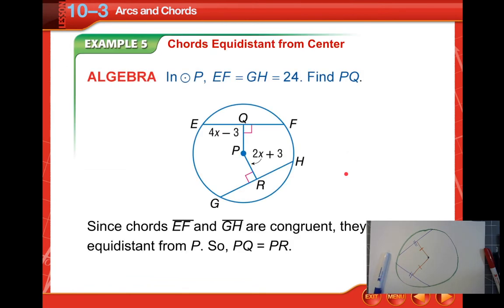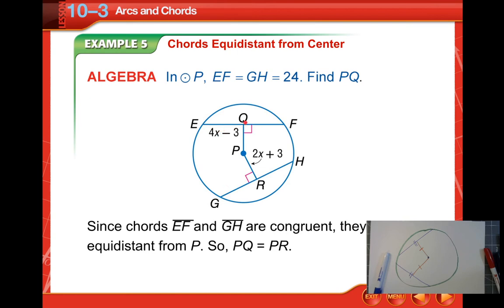So we have something like this. We're given that MP, EF, and GH both make 24. So if I want to find PQ, that is a radius, how would I do that? Well, if you see here, there's a little tricky thing. You're actually given PR. This is not a matching leg. So be careful. This is E to Q, I believe.